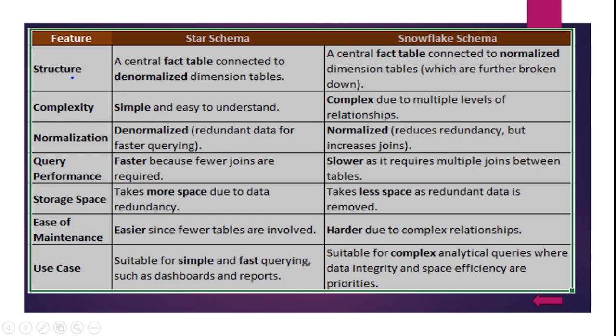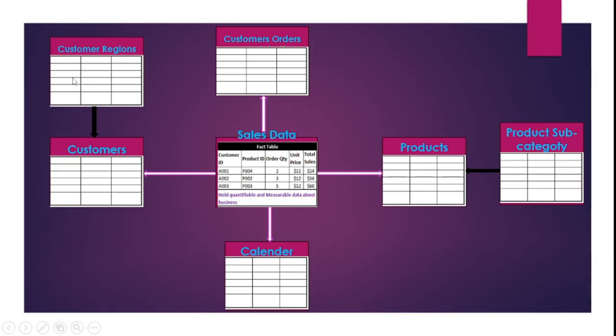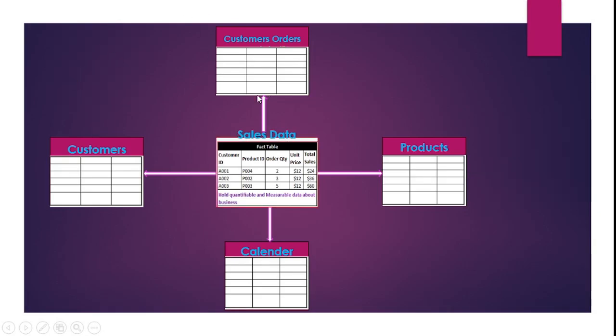So another feature here is query performance. Star schema has faster query performance because we have fewer joins. So when I come here to star schema, you can see we can count the joins being 1, 2, 3, 4. The connections, that is, we have 1, 2, 3, 4 joins.